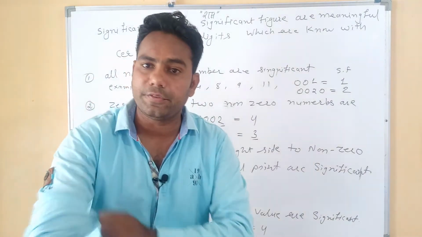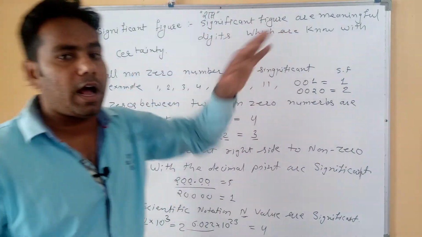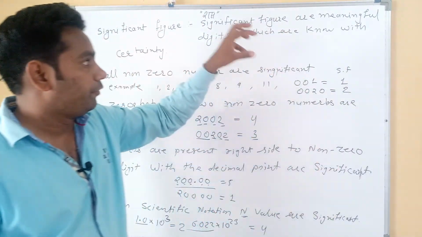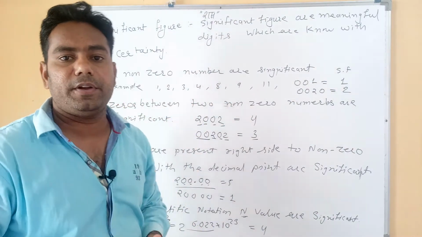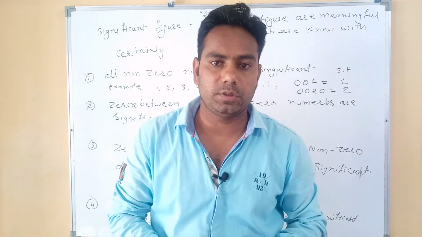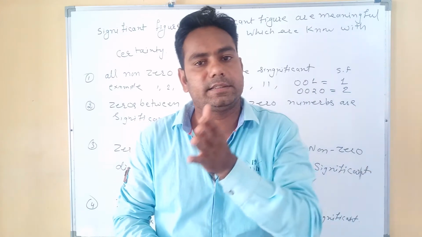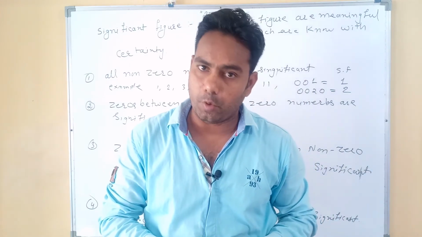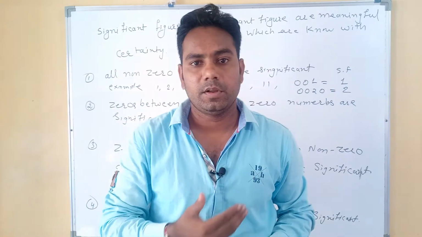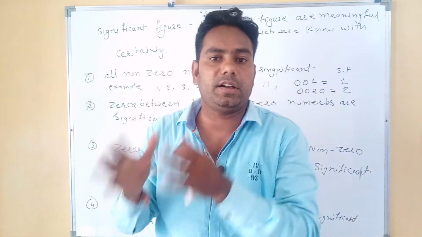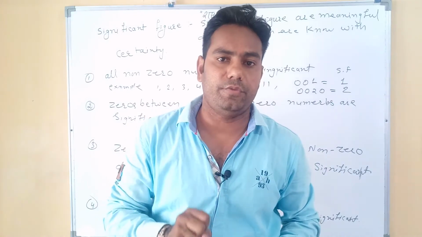What is the meaning of significant figure? Significant figures are meaningful digits which are known with certainty. Every significant figure has two types of values: one is uncertain and second is certain. Okay, uncertain values change with time, they are variable values, and certain values are always constant values.